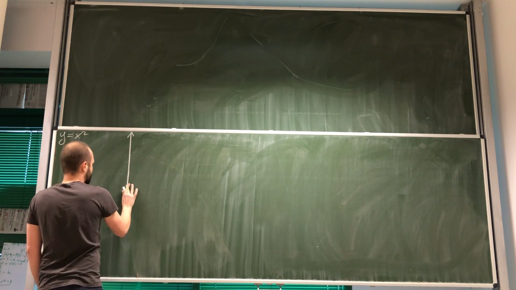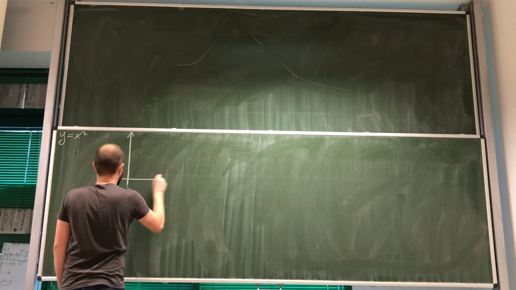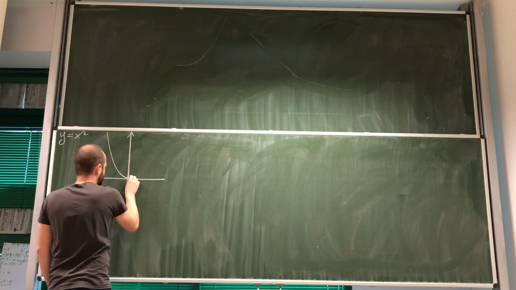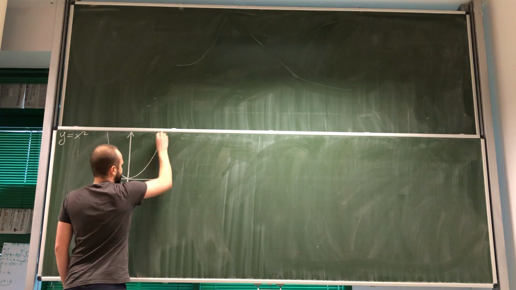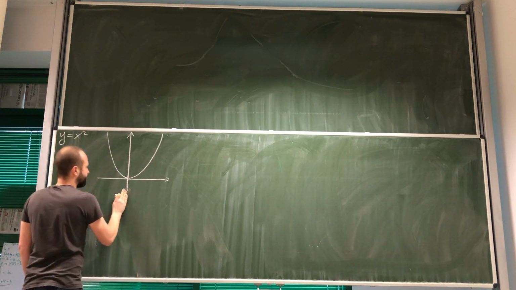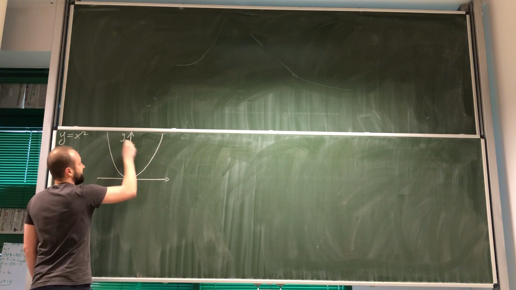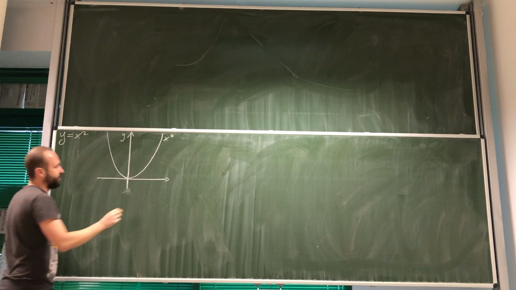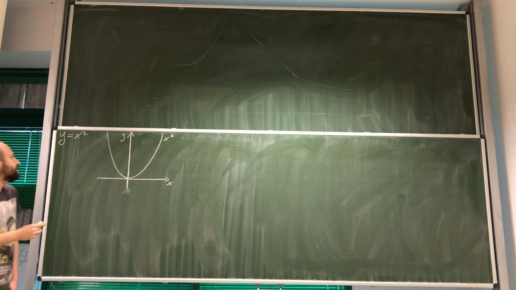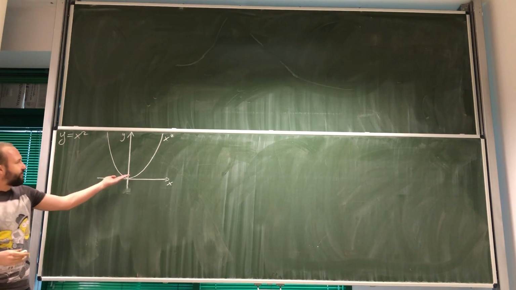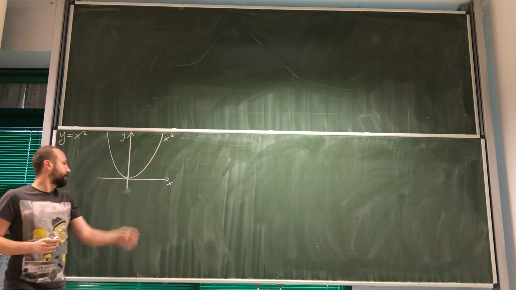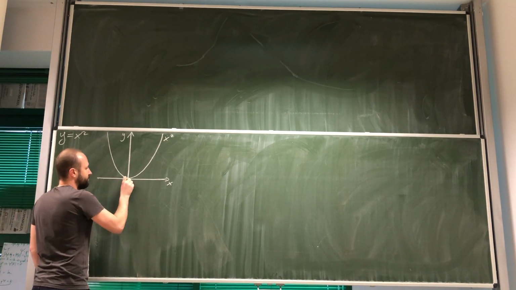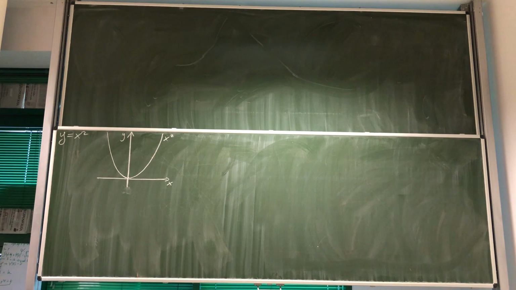Look, this function looks like this. So, here we've got y equals x squared, and we clearly see that this function looks like a valley, and it has a minimum at point 0.